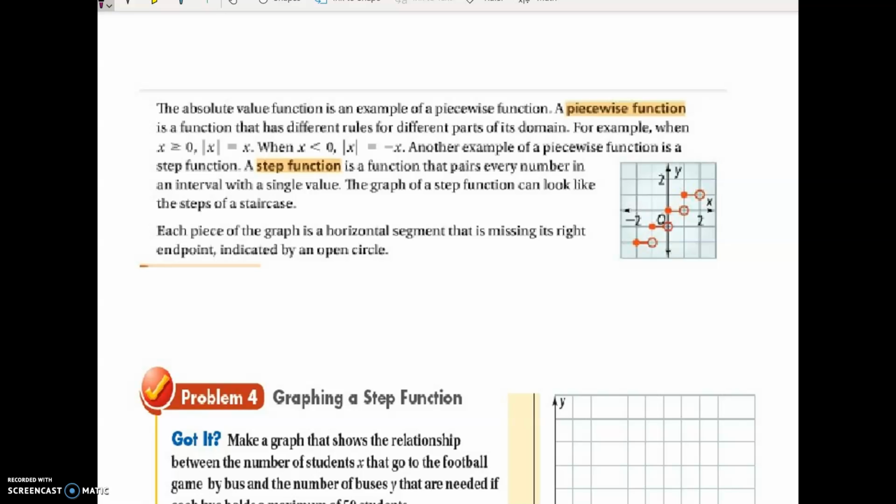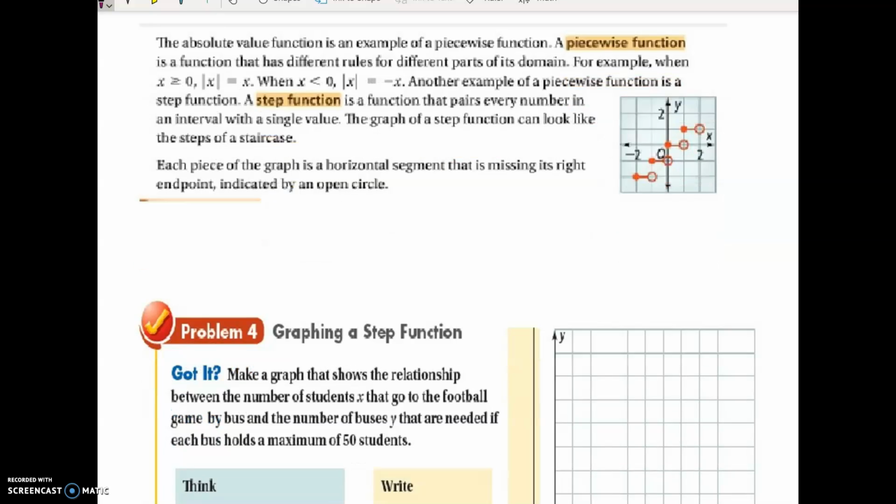Each piece of the graph is a horizontal segment that is missing its right endpoint, and that's indicated by an open circle. This is just another type of piecewise function, and so again, it's just kind of introducing you to this concept. I am not going to test you on a step function, but I think it's good for you to at least see an example of it.